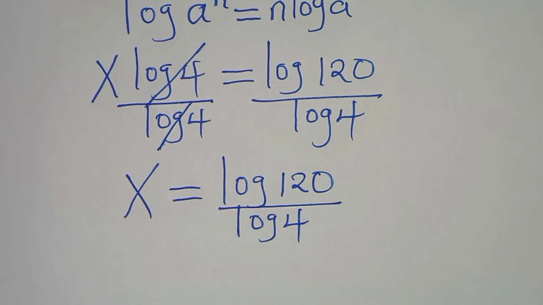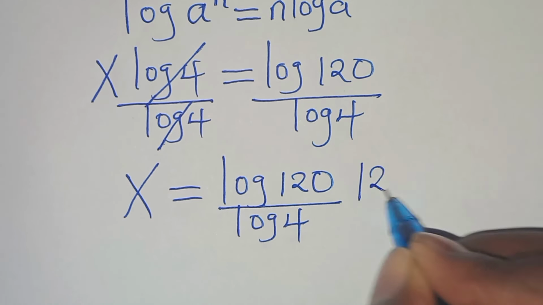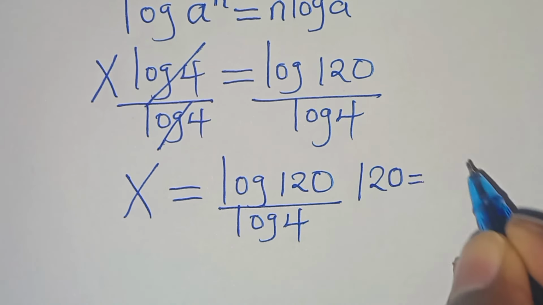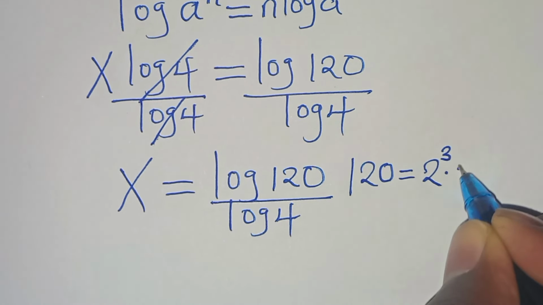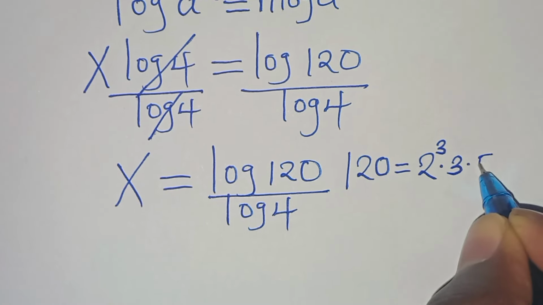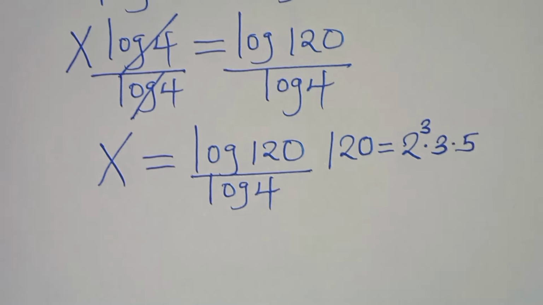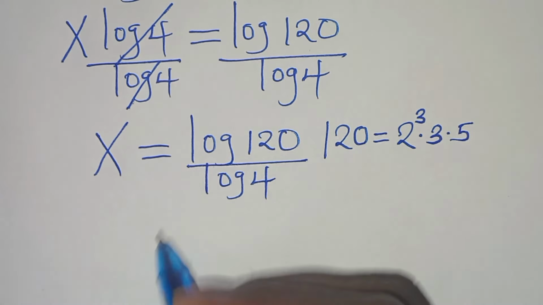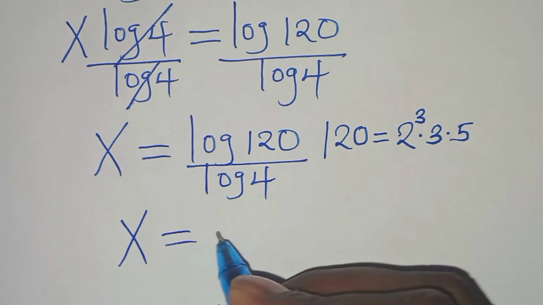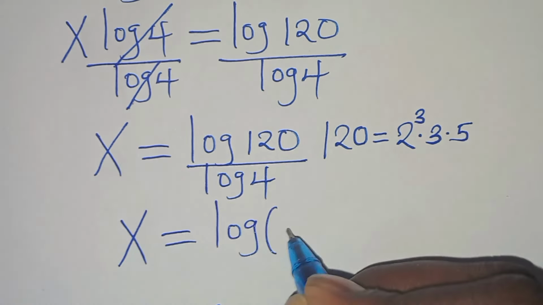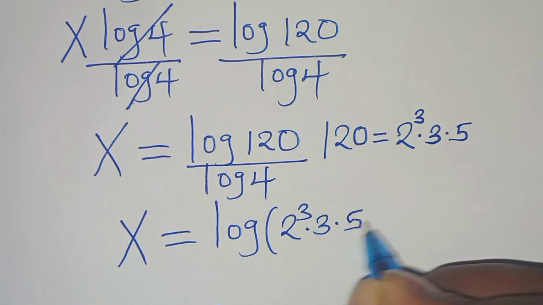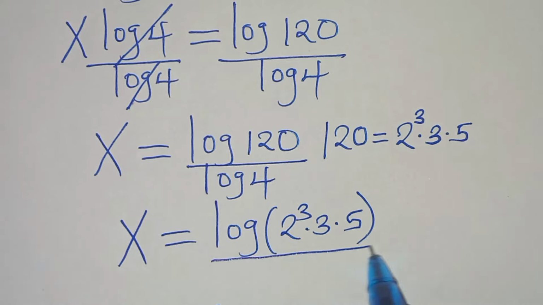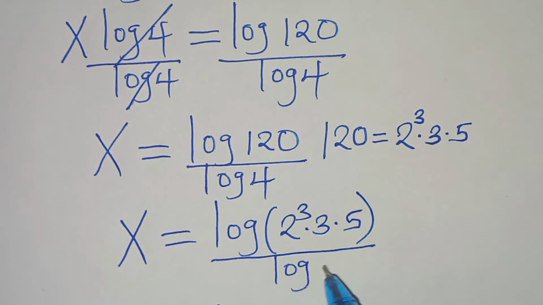Now the next step is that we can express 120 as 2 to the power of 3 multiplied by 3 multiplied by 5. So let's substitute this here so that we have x is equal to log of (2 to the power of 3 multiplied by 3 multiplied by 5), everything divided by log 4, which is log 2 to the power of 2.